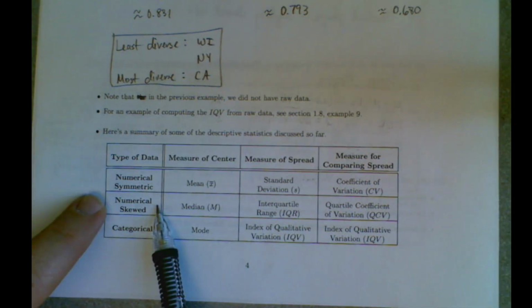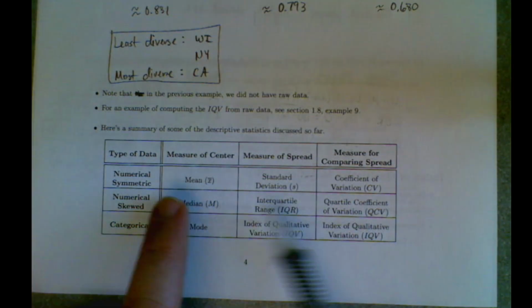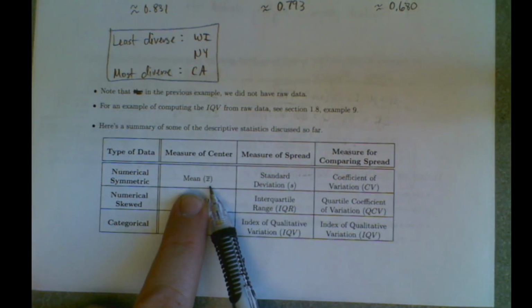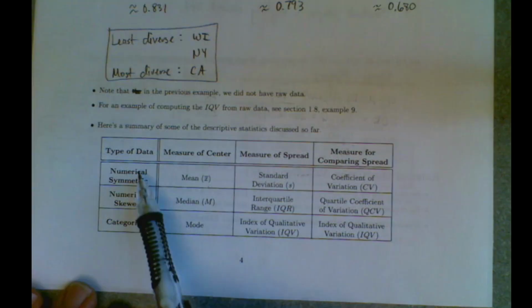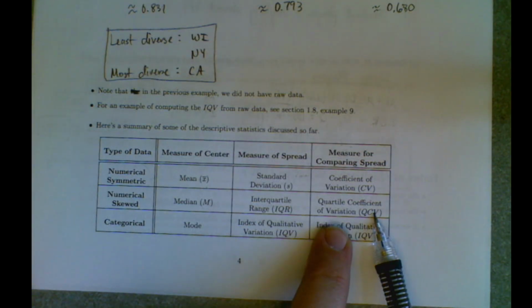Going back to the skewed case, it's only appropriate to compare means and CVs if both data sets are numerical and symmetric. If at least one of them is skewed, then we should compare the median and the QCV. So that will do it for relative measures of dispersion.